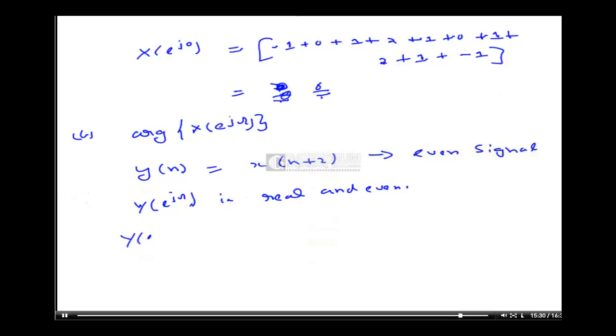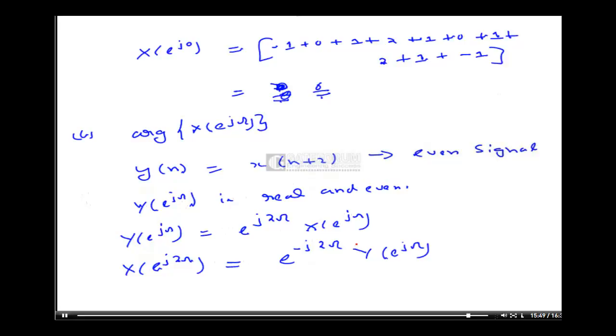Now, Y of e to the power j omega is equal to e to the power j 2 omega X of e to the power j omega. Okay, or X of e to the power j omega is equal to e to the power minus j2 omega Y of e to the power j omega. Okay, Y of e to the power j omega is real. If Y e to the power j omega is real, thus the argument of Y of e to the power j omega equals 0.